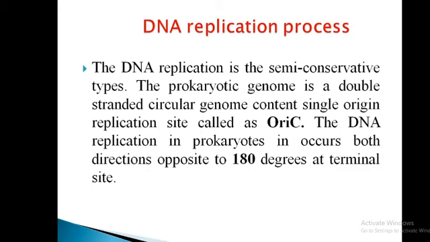As I mentioned earlier, prokaryotic DNA is double-stranded and circular. That means there is a single origin and it ends at the opposite terminal. In eukaryotic systems, there are multiple origin sites of the DNA replication process. But in the prokaryotic system, there is a single origin of replication.